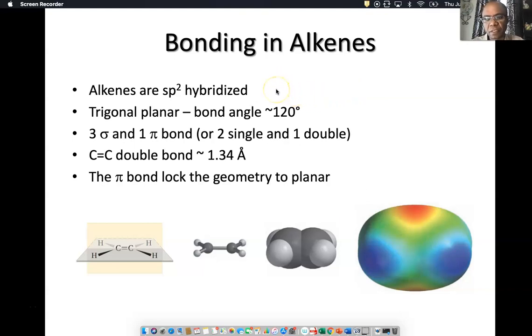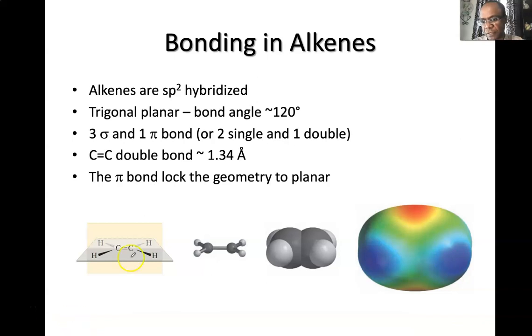Great. Now that we know how to name alkenes and alkynes, it's time to look at their reactions and how they are shaped. For alkenes, you have a double bond, and of course, each carbon must be bonded to 4 bonds.